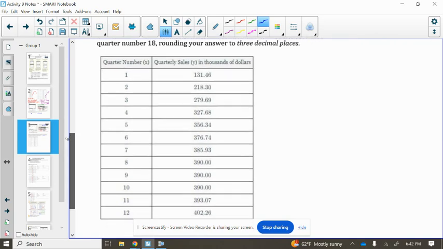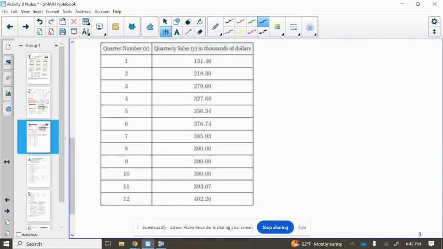Now, to double check that this in fact fits a cubic, if we take a look at the data, we see that this is increasing from 131, 218, 279, 327, 356, 376, 385. And then on this one, notice we kind of go 390, 390, 390, and then up again.